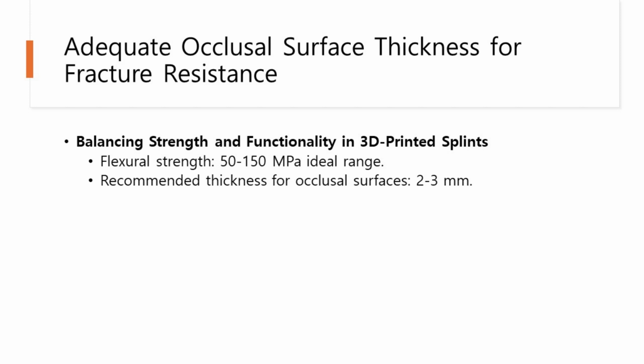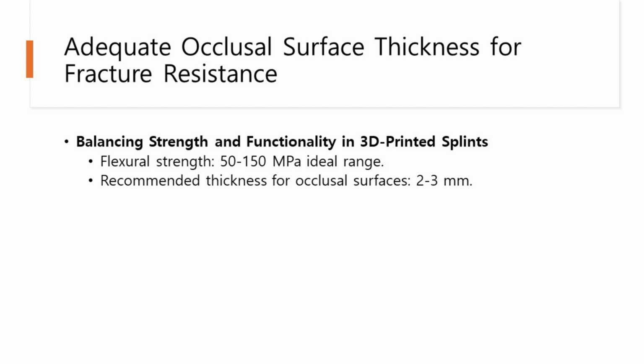Flexural strength indicates the force the material can withstand without bending, while surface hardness contributes to its ability to resist wear from occlusal forces. Typically, a flexural strength within the range of 50 to 150 megapascals, combined with an occlusal surface thickness of 2 to 3 millimeters, is considered adequate for most applications.